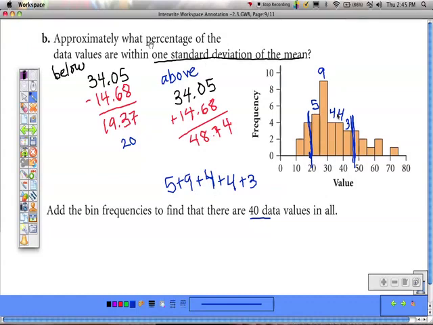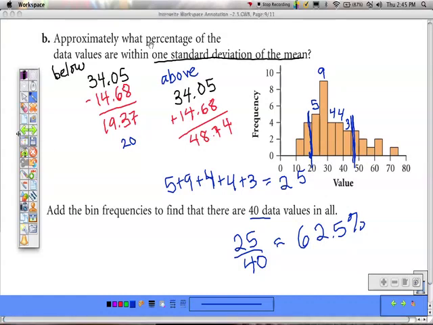So we add up all the ones within 1 standard deviation, and then we'll divide that by 40 to figure out the percent. So if we add these all up, we get 25. 25 divided by 40 gives about 62.5. So within this graph, about 62.5% of the data is within 1 standard deviation. So most of your data is right here.